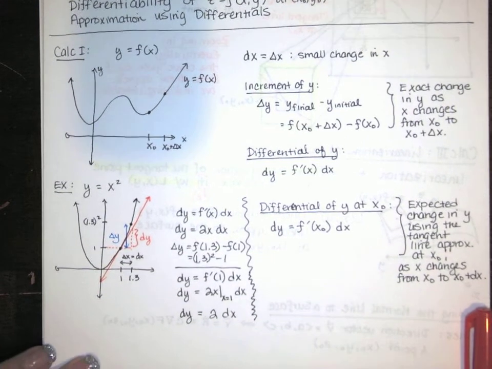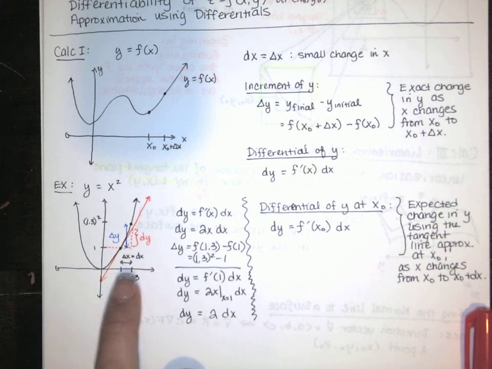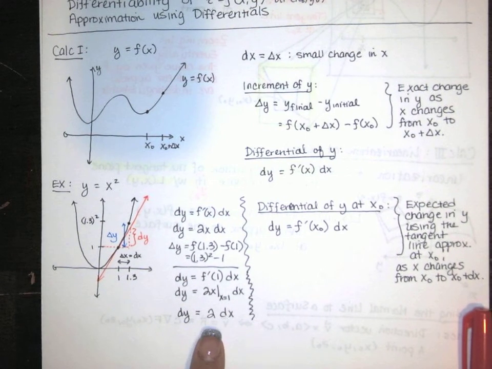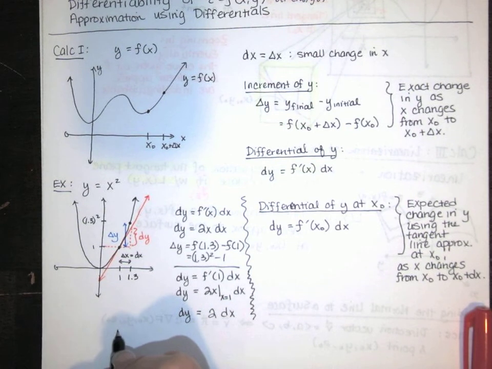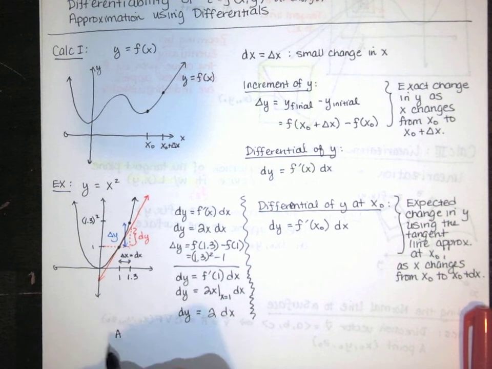What this is saying is, change x by a little bit. Well then y, I would expect y to change by 2 times that little bit. So if x changes by delta x equals 0.3, so x goes from 1 to 1.3, then using the tangent line as an approximation, I'd expect y to go up by 0.6, because I'm just taking that 0.3 and I'm doubling it.